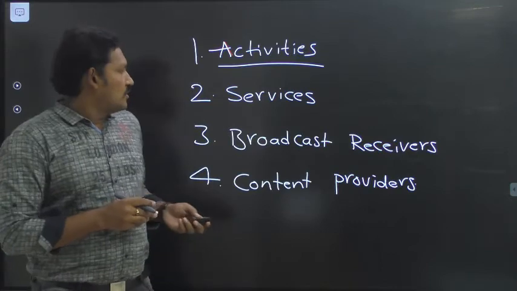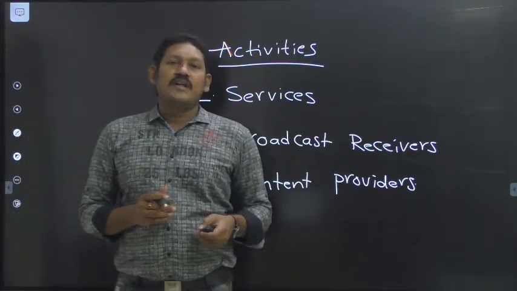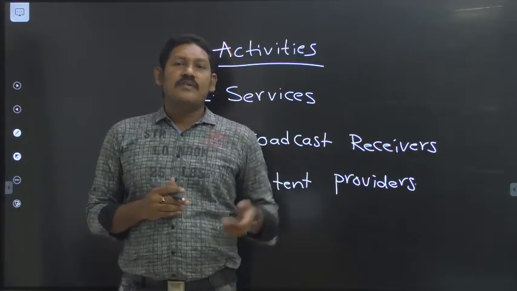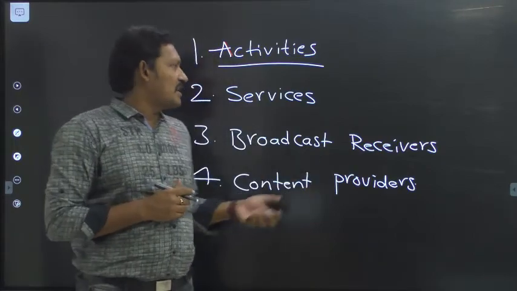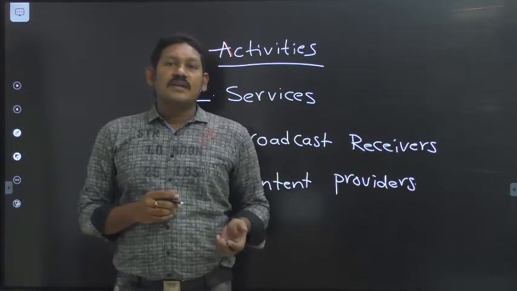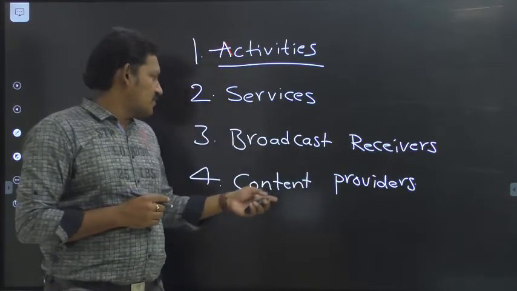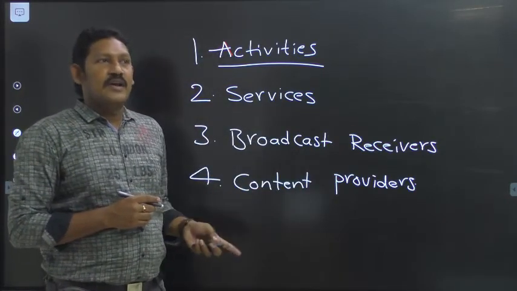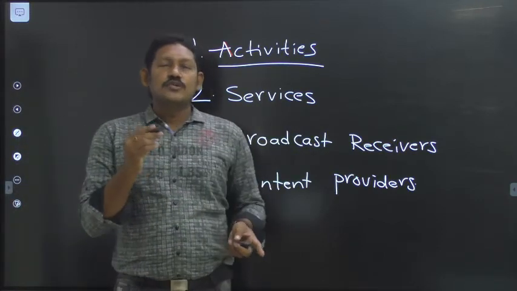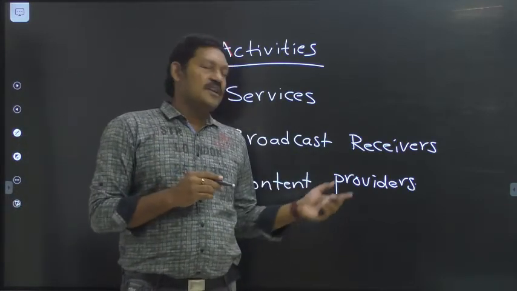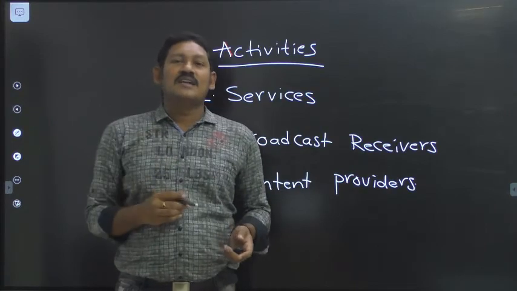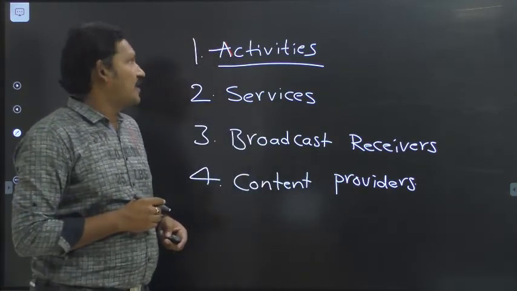The last one is content provider. A content provider component supplies data from one application to others on request. Suppose somebody makes a request to the content provider for a particular resource or data, the content provider will accept the request and send that required data. That is about content provider.